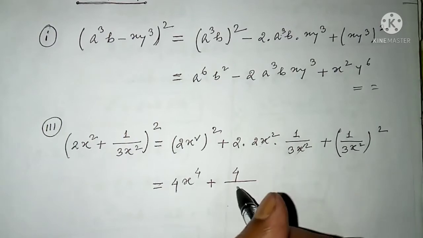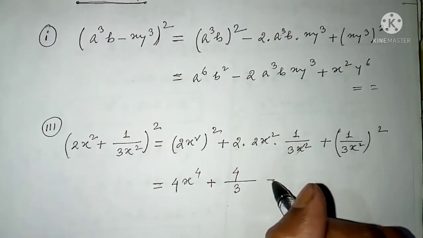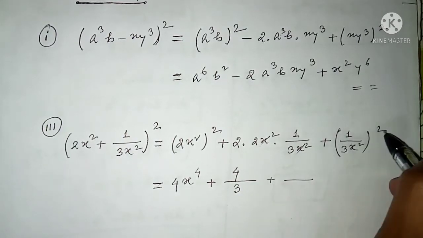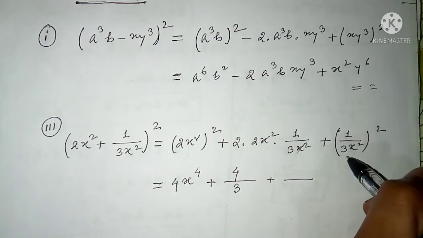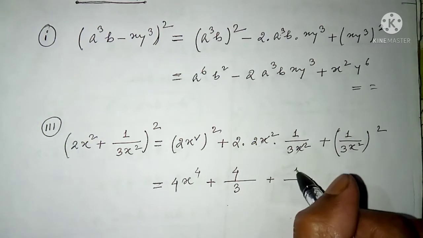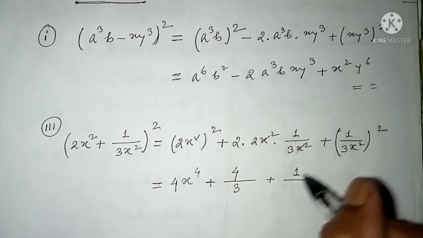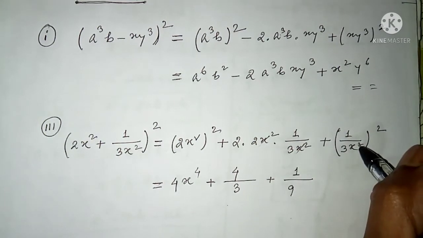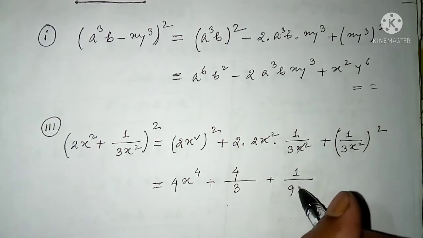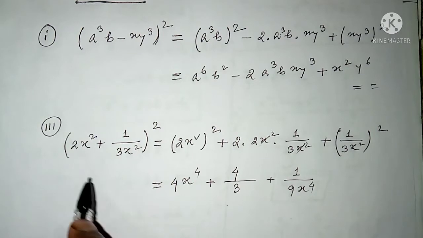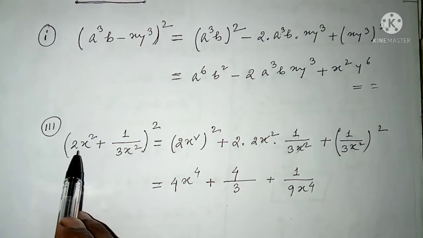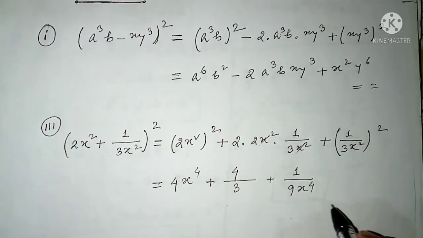Now in the denominator section you have a 3 here, then that is your plus. Now when you have a power 2 here, this will come over 1 as well as over 3x square. Then 1 square is very simple, it is 1. Next 3 square, that is 9. x square, again square, power over power, so you write x to the power 4. So this is the expanded form, or you can say the simplified form of 2x square plus 1 by 3x square.